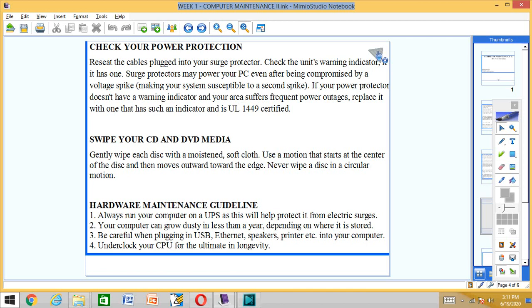We will also look at hardware maintenance guideline in this lesson. Hardware maintenance guidelines are those steps or procedures that we take in carrying out maintenance. We'll consider this under these following headings. 1. Always run your computer on a UPS. 2.